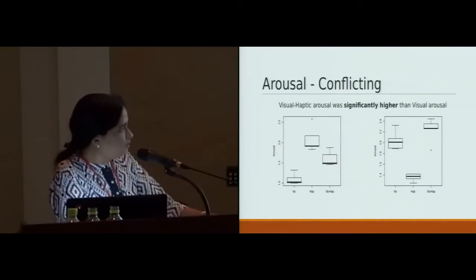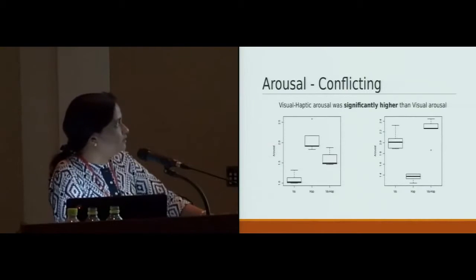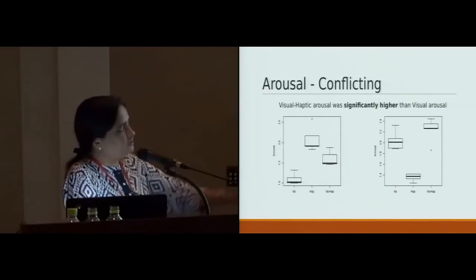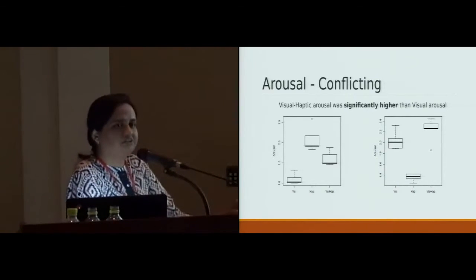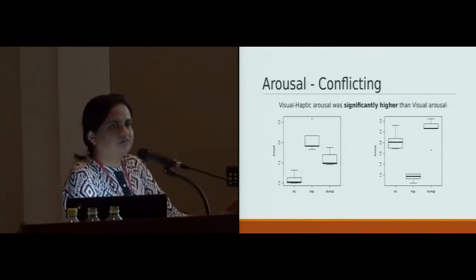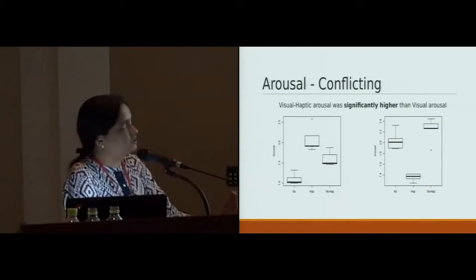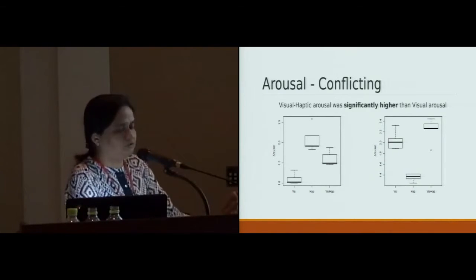In the conflicting condition, we found the same effect, that the visual haptic arousal was higher than the visual arousal. But the most interesting result is on the right-hand image, that even when the arousal of the haptic stimuli itself is low, the visual haptic arousal was still higher than the visual arousal.